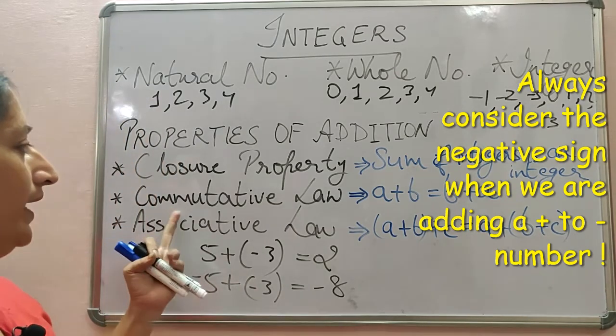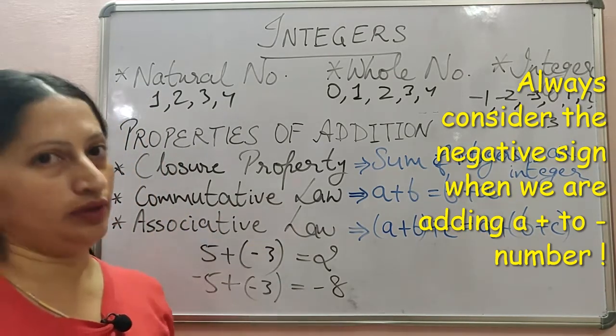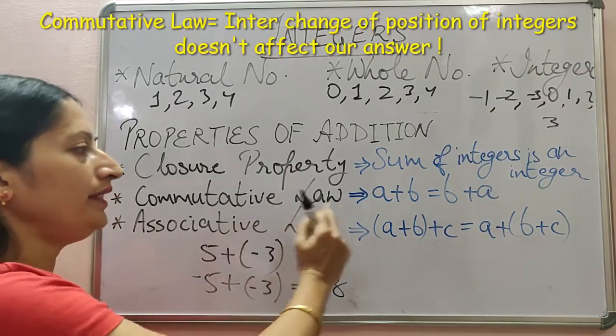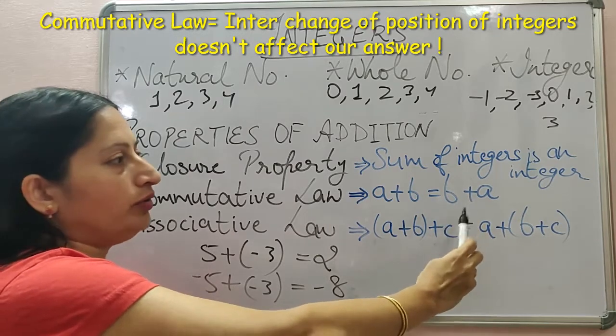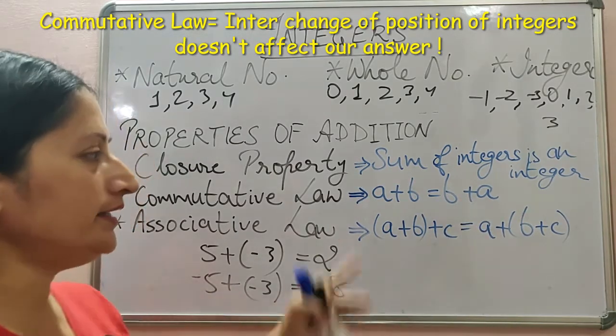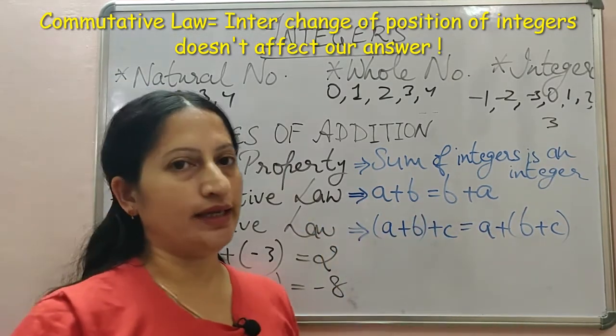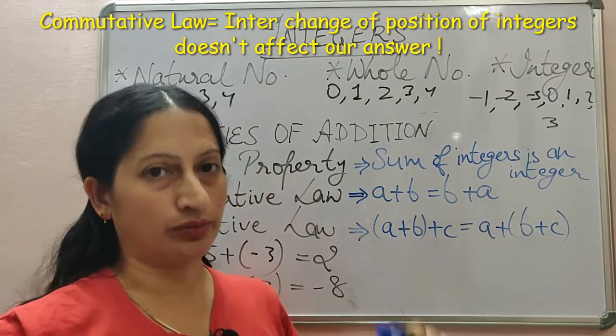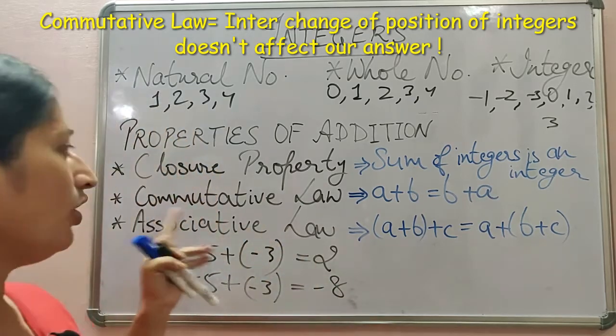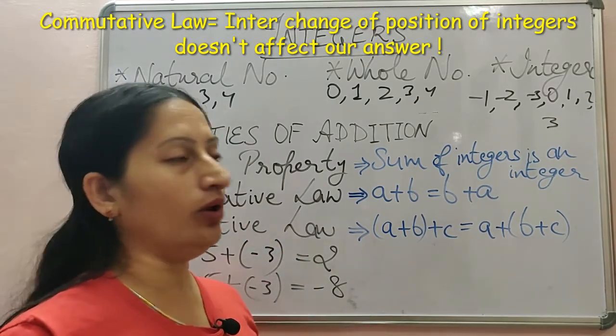Now let's come to the next, that is commutative law. Commutative law states that a plus b will always be equal to b plus a. Here we can put two different integers and find out whether this commutative law is functioning or not.